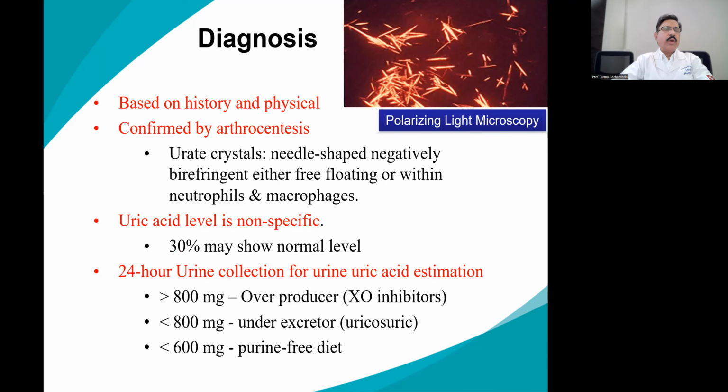Now, how do I diagnose? History is very typical, and physical examination confirms it. Arthrocentesis, that is, aspirate the fluid from the joint under anesthesia, very painful joint. You put the needle, he will just jump. So you have to anesthetize by regional block. You have to give a regional block to that whole part of the limb and then tap the fluid.